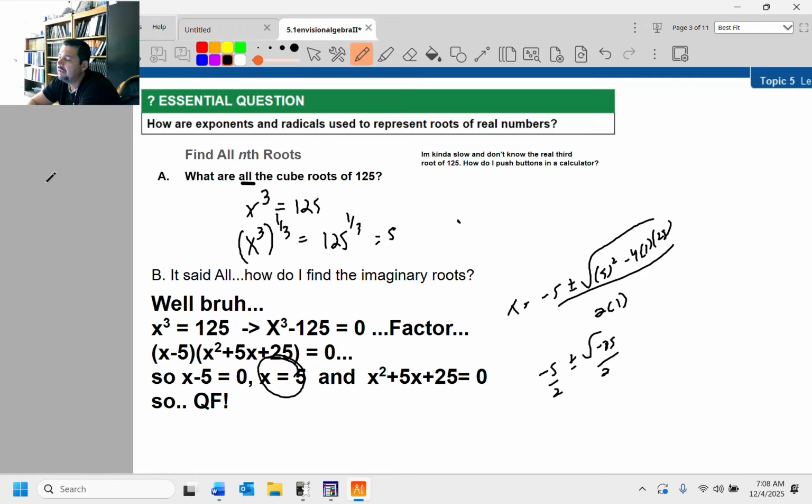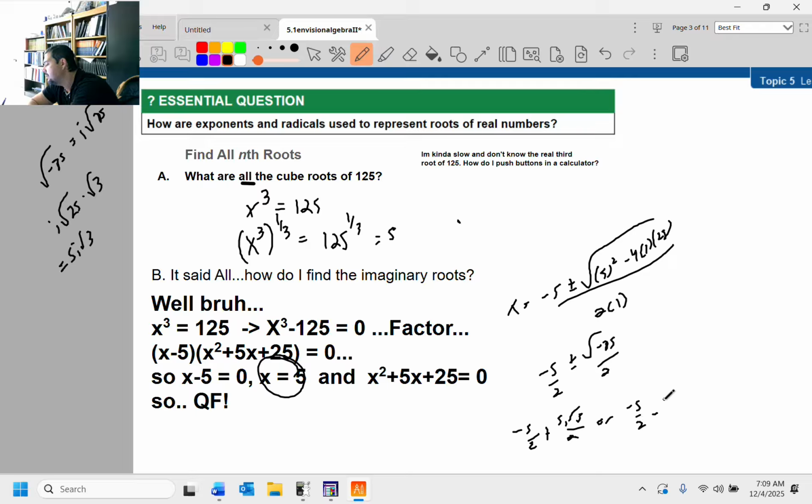Square root of negative 75 is, for starters, an imaginary root of 75. Root 75 is root 25 times root 3, so I get 5i root 3. So I got negative 5 halves plus 5i root 3 over 2, or I got my negative 5 halves minus 5i root 3 over 2. But anyways, you don't have to know how to do that necessarily.